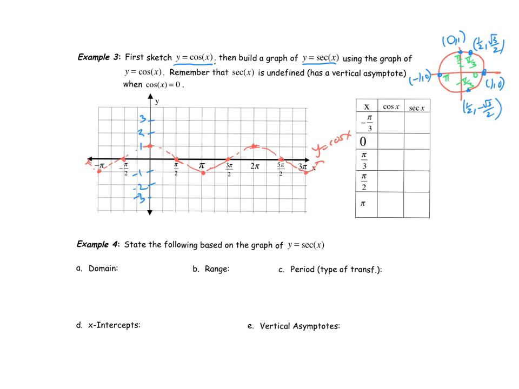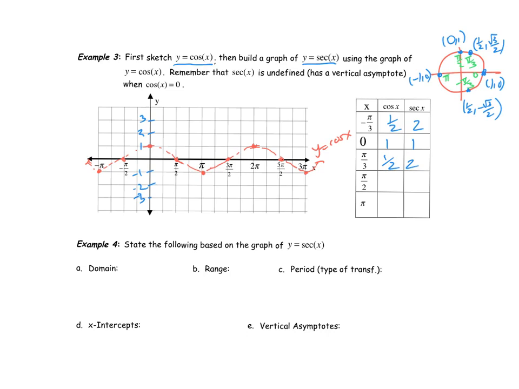So we'll put that into our table, which means secant of negative pi over 3 will be the reciprocal of 1/2, which is 2. Cosine of 0 is 1, so we'll put that into our table, which means secant of 0 is also 1. Cosine of pi over 3 is 1/2, so secant of pi over 3 is 2.